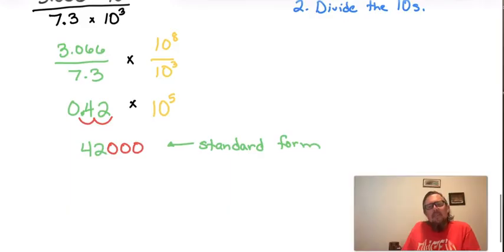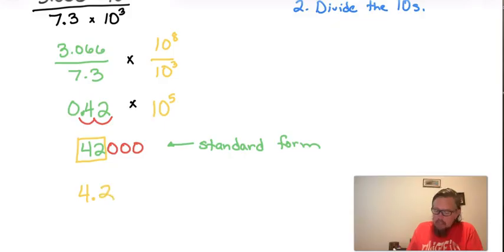And let's go ahead and take standard form and write it in scientific notation. So again, we look at all the digits before the zeros, which is 42. So it's going to be 4.2. It'll be times 10 to some power. What will the power be?